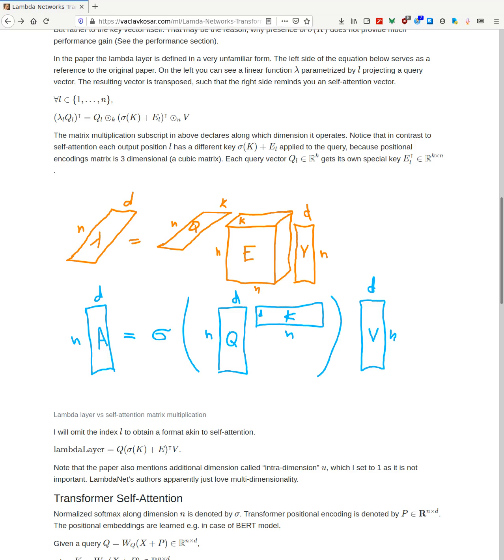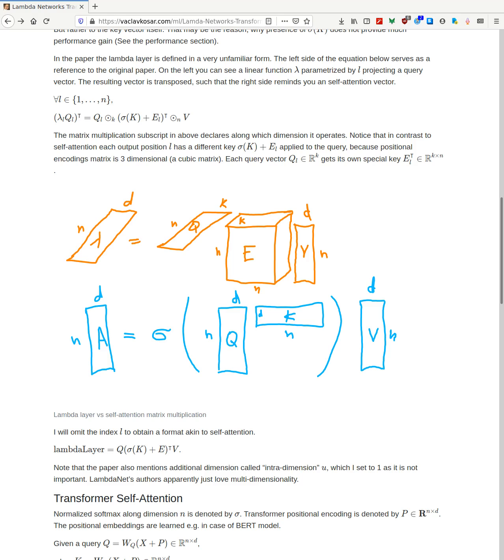What's important here is that we index by l, which is effectively an output dimension. So this is one output position. This lambda is sort of like a linear function. It comes from functional programming, but that's not important.